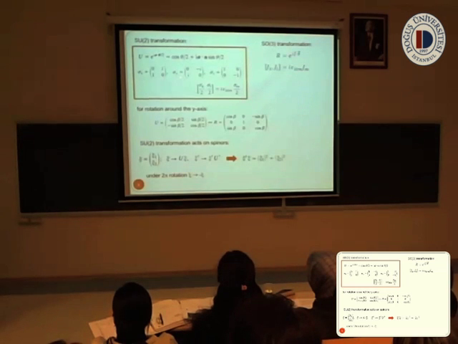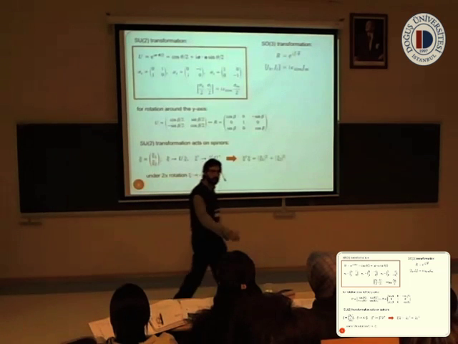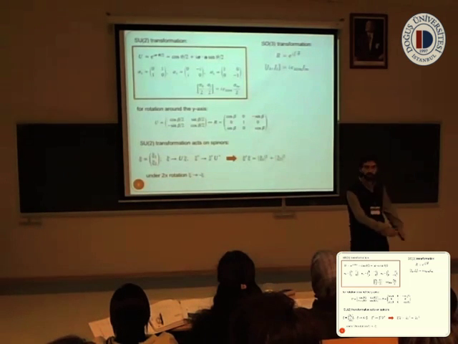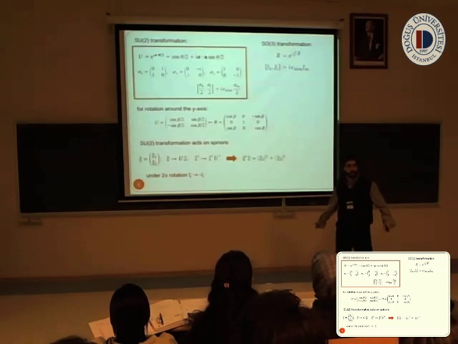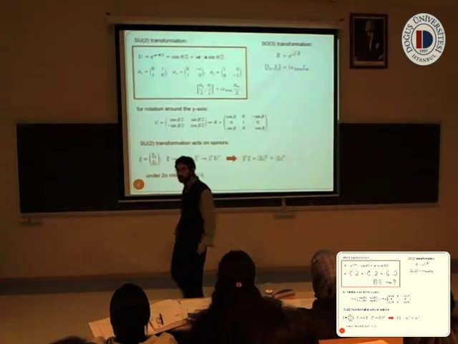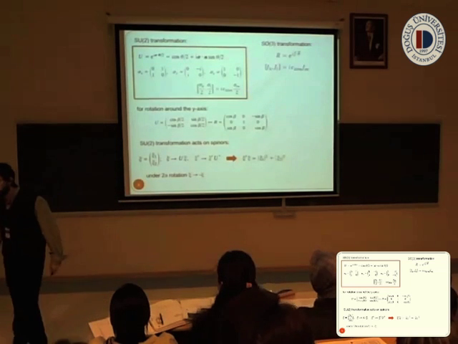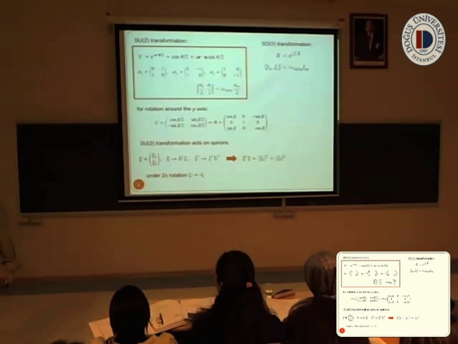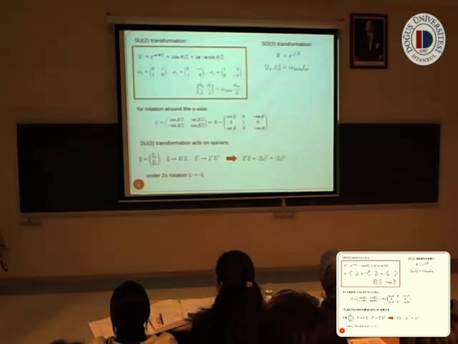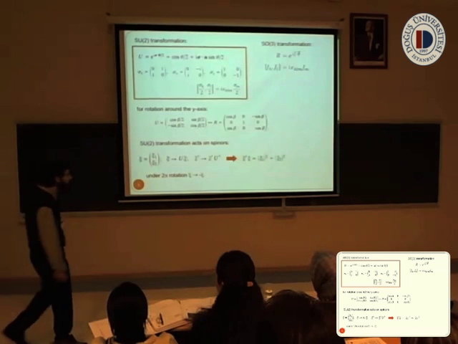If you just look at the sigma y term, you have the cosines from here. You have the sine terms from sigma y, and you get the rotation matrix. Right? But you have this 1 over 2's here. So this means rotation with angle theta in SO3 space corresponds to rotation of angle theta over 2 in the SU2 space. Right? So when you rotate a vector by angle theta, it corresponds to rotating a spinor by angle theta over 2.